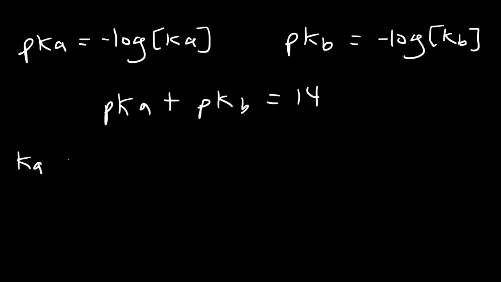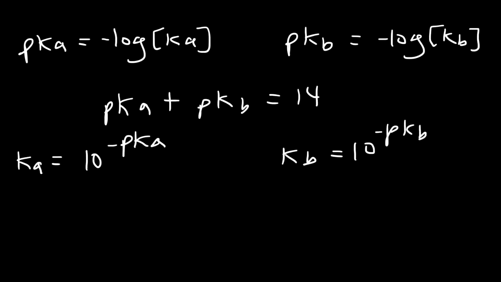Now, if you need to calculate Ka, that's 10 to the negative pKa. And Kb is 10 to the negative pKb. And finally, Ka times Kb is 1 times 10 to the minus 14. So those are some formulas that you want to write down and make sure you know if you're taking an acid-base chemistry test.